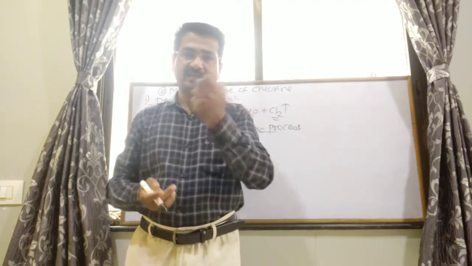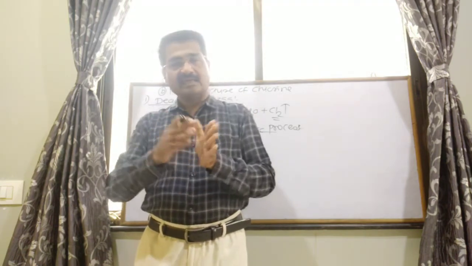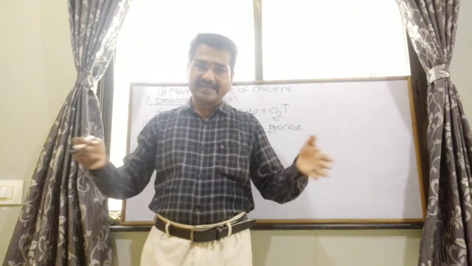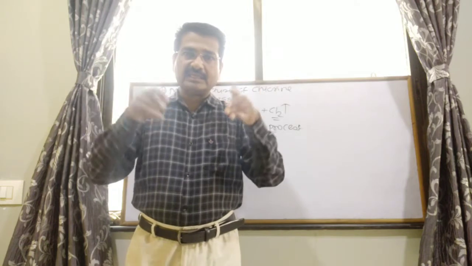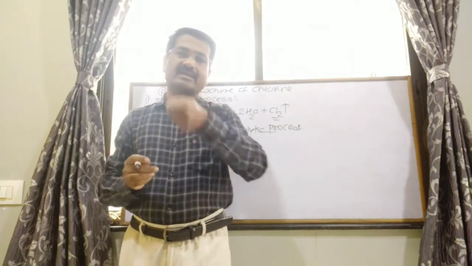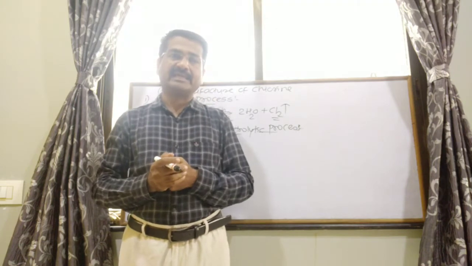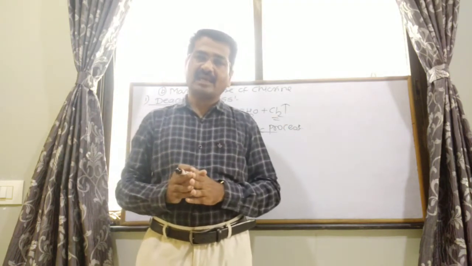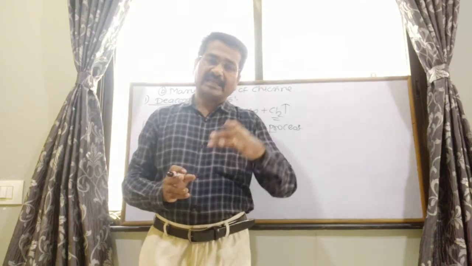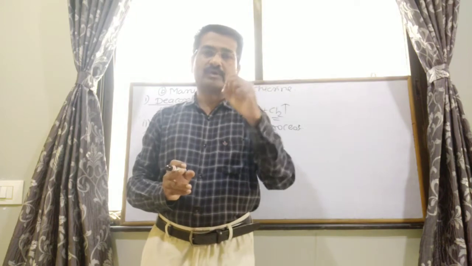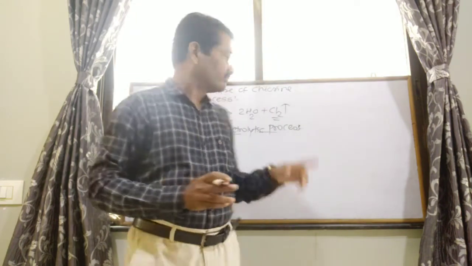NaCl solution is taken in liquid form, and whenever that NaCl solution undergoes electrolysis, by passing an electric current through it, it gives Na plus and Cl minus ions. Then Cl minus ions are liberated at the anode and can be collected.